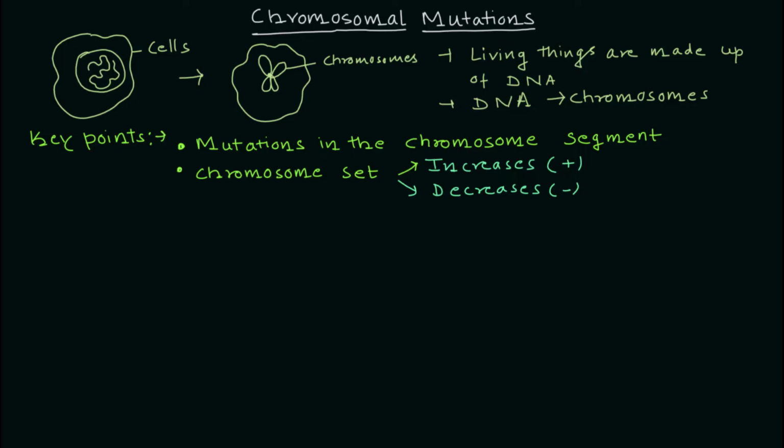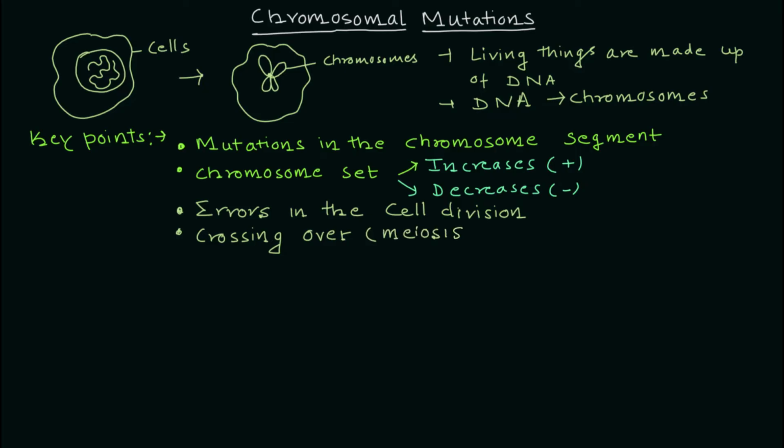I'm indicating plus and minus signs just for the sake of convenience. Now, how is that going to happen? That will happen because of errors during cell division. When a cell is dividing, chromosomes are segregating and crossing over. Especially in the case of meiosis, crossing over happens during that time. If there is any error, that will cause chromosomal mutations.